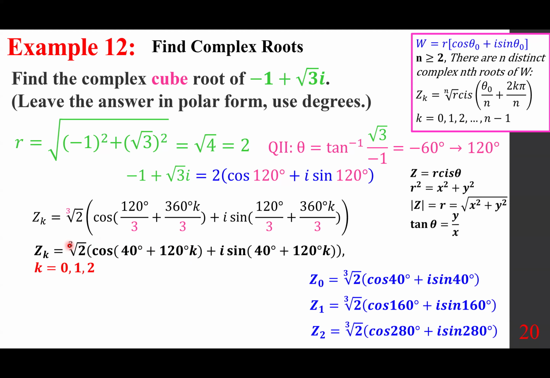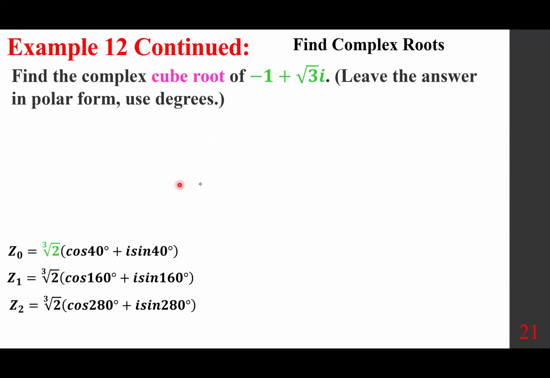We're done. I just want to quickly show you what we just found. It's cube root of 2 times this 40, this 160, this 280. So all 3 points are equally spaced on a circle of x squared plus y squared, having the radius cube root of 2, cube root of 2 quantity squared.